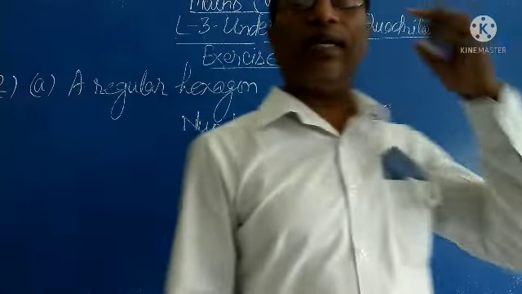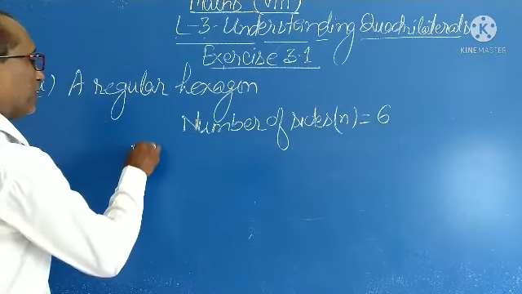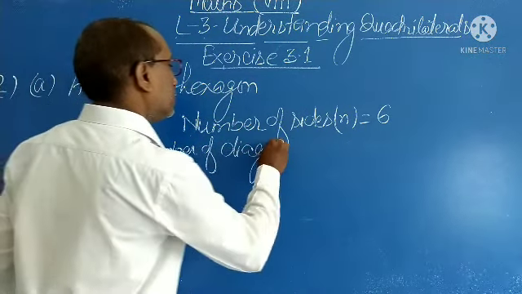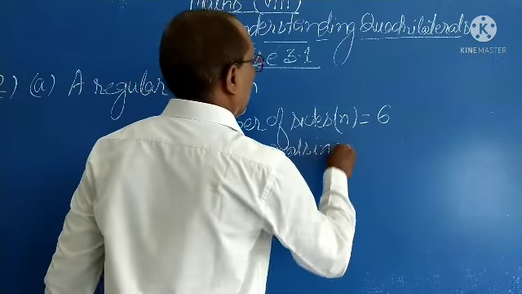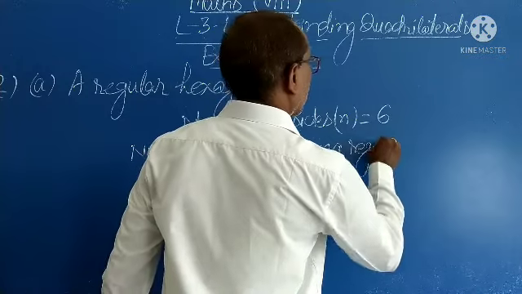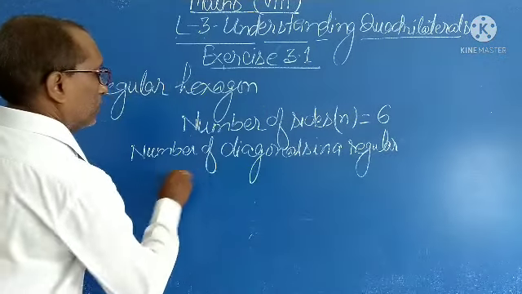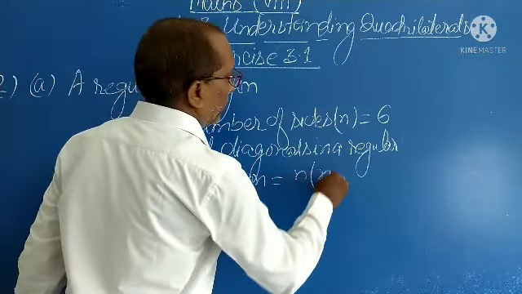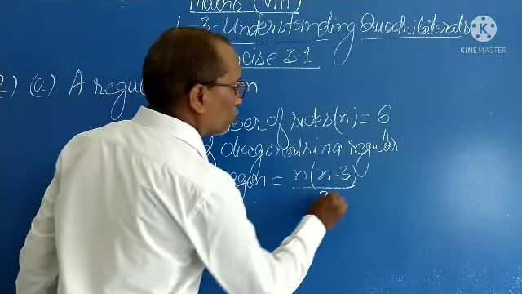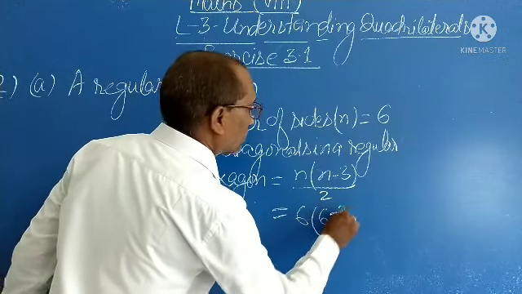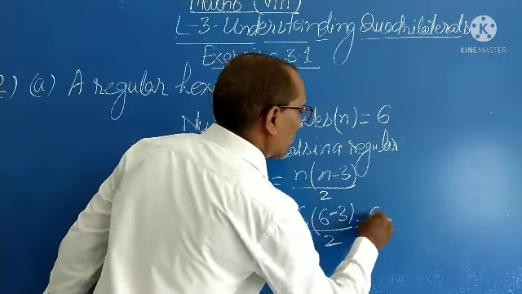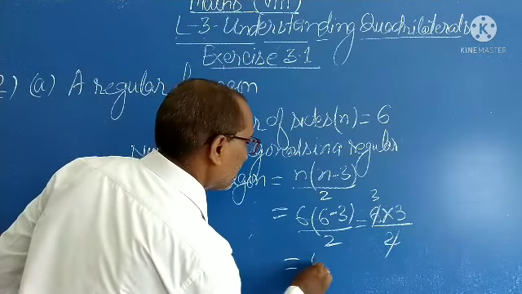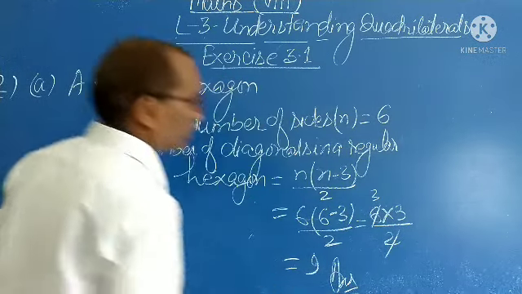Hexagon means a 6-sided figure. Then number of diagonals in a regular hexagon is equal to n into (n minus 3) upon 2, means 6 into (6 minus 3) upon 2, that is 6 into 3 upon 2. 2 threes means 9 diagonals. It is the answer of B.